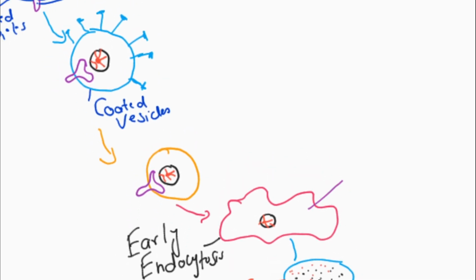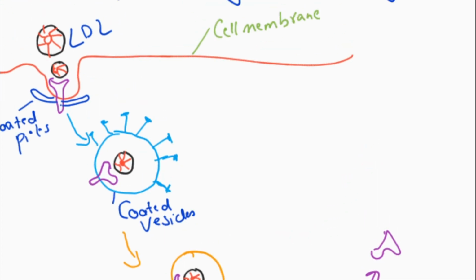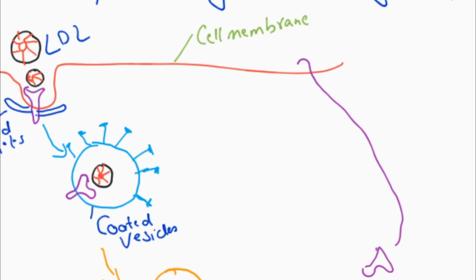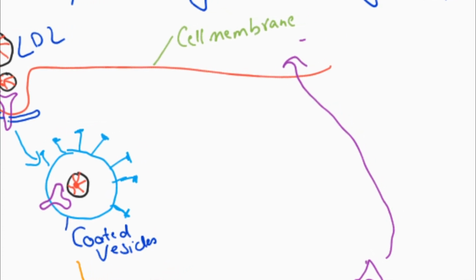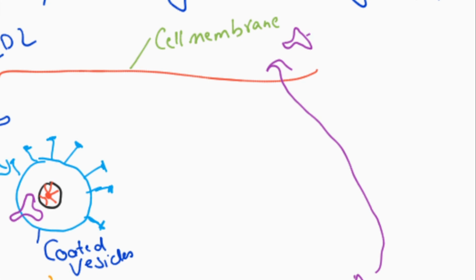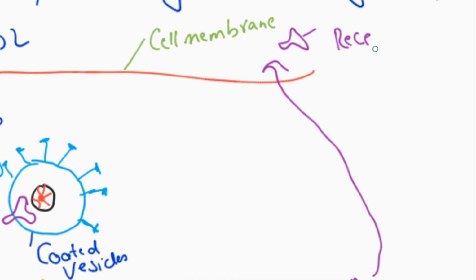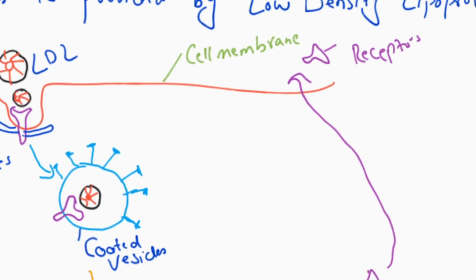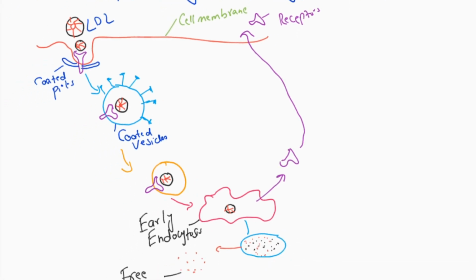After releasing the free cholesterol, the coated pit receptors are transported back to the plasma membrane. This is the process by which the free cholesterol is released into the adrenal cortex.